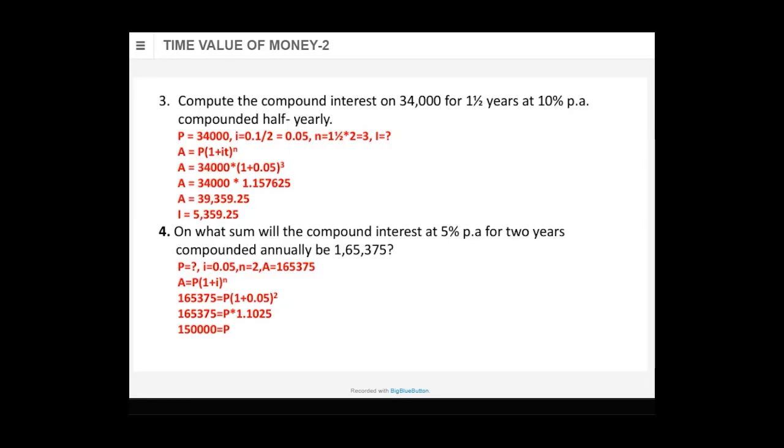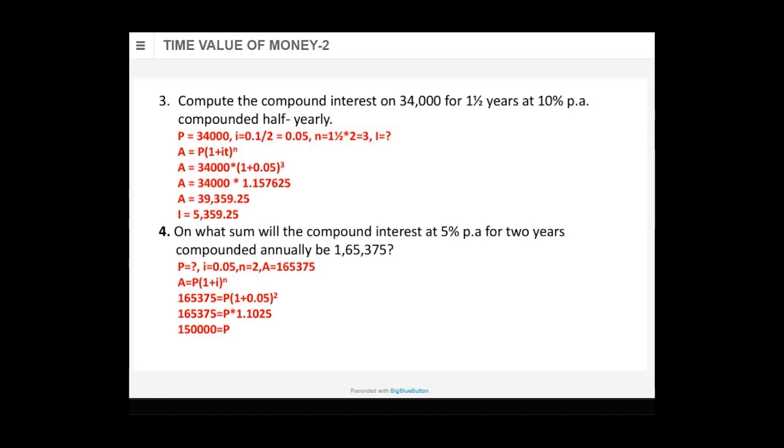So, is it correct? 1 plus 0.05 whole raised to 2 is equal to 1.1025. 165,375 divided by 1.1025.